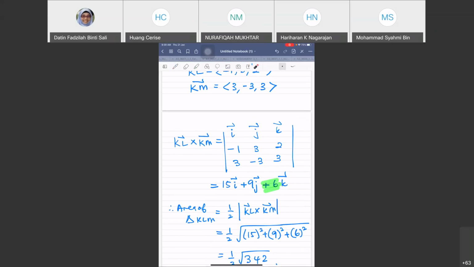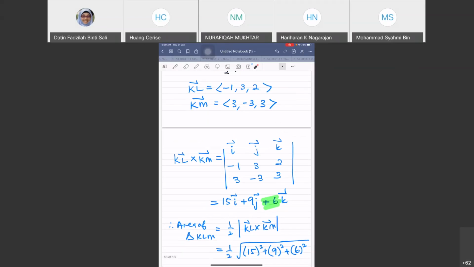Okay, so let's cover the last one, k. Looking at this, Shami, 3 minus 9, so that is -6, correct.